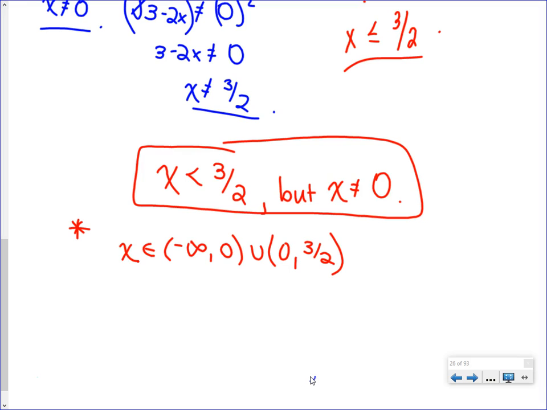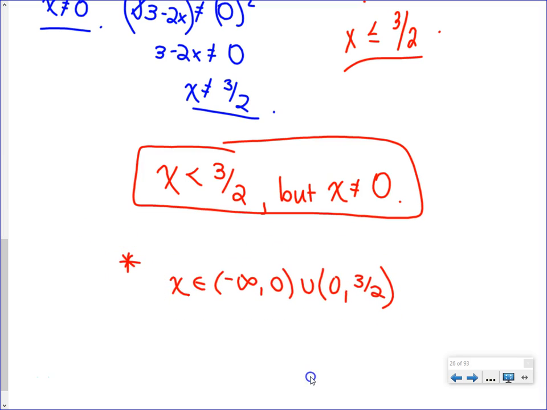But don't worry, this is what we call interval notation. It is an alternative to inequalities. If you want, you can write it down. Did you guys do interval notation with brackets and parentheses last year? Minimal. Okay. So don't worry, we're going to definitely cover it. This is not what you're expected to know right now. I'm just showing the little U, if you remember, stands for union. There's union and intersection. That's an or, that's an and, that's from geometry. The ifs, thens, and all that. Anyway, long story short, x is everything less than 3/2, but not 0.